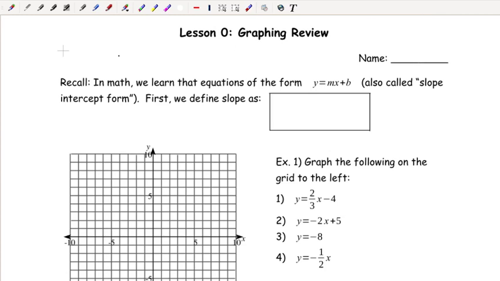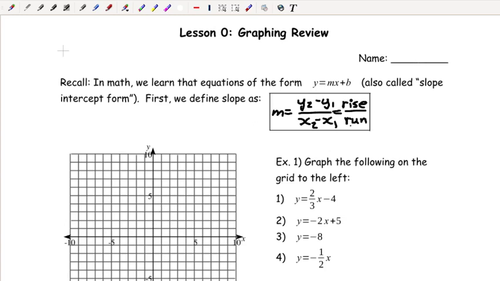Recall that in math, we learned equations of the form y equals mx plus b, also called slope-intercept form. These are linear equations, straight lines. And we define slope as m equals y2 minus y1 over x2 minus x1, if we have 2 points, (x1, y1) and (x2, y2), or we also define it as rise over run if we've got a graph that we're working with.